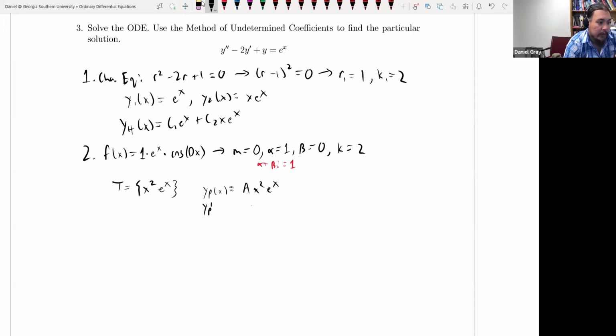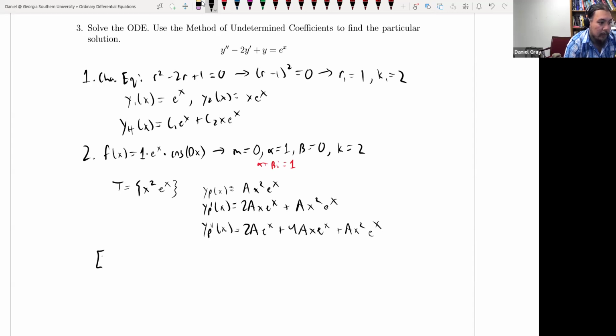Now when I do my derivatives, we're going to have 2ax e to the x plus ax squared e to the x. The second derivative is going to be 2a e to the x plus 4ax e to the x plus ax squared e to the x. There we go. And then now we plug it back into our differential equation.